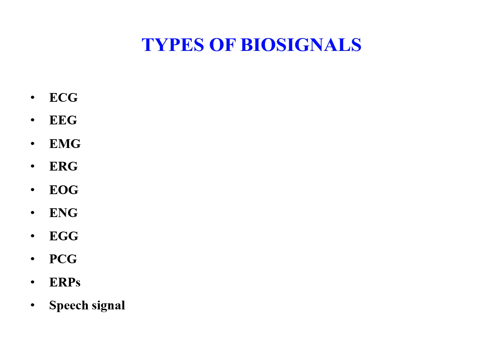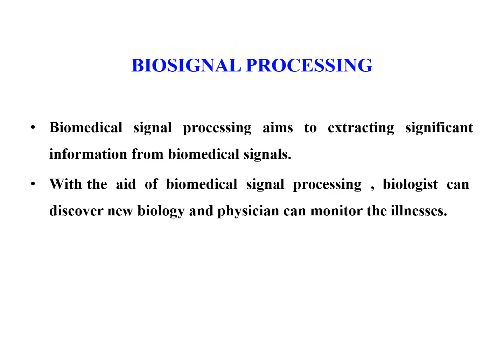Next, types of biosignals. What types are available in biomedical signals? Bioelectric signals include electrocardiogram, electroencephalogram, electromyogram, electroretinogram, electrooculogram, electroneurogram, electrogastrogram, phonocardiogram, event-related potentials, and speech signals. Next is biosignal processing.